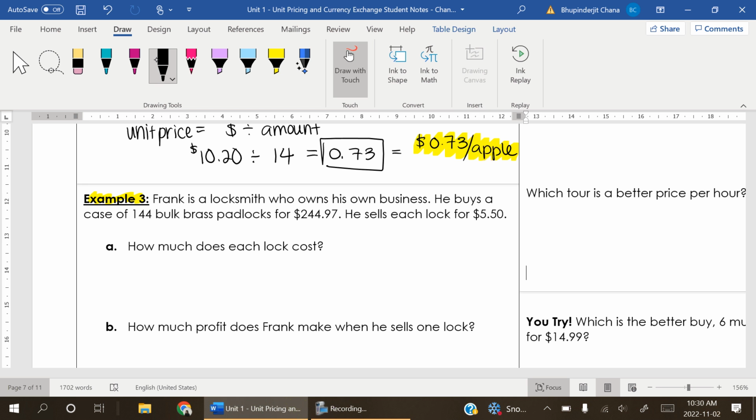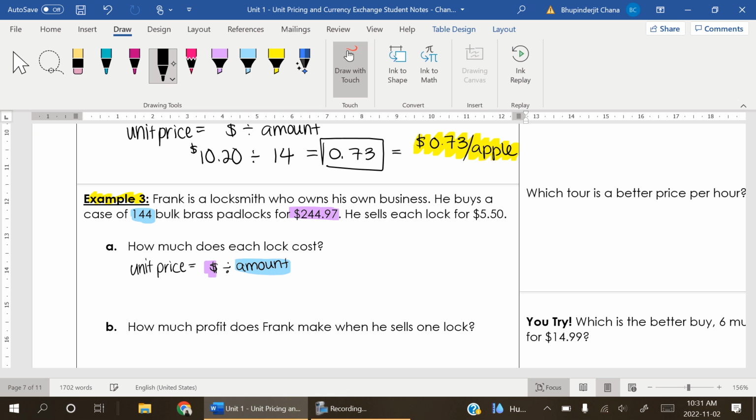So to do this, we're going to do the unit price. Unit price is equal to the bulk cost divided by the amount. Now in this problem, our bulk cost is $244.97, whereas our amount is 144.